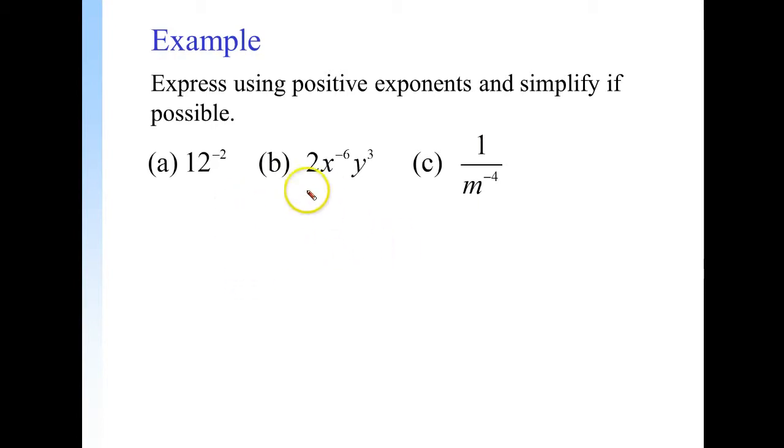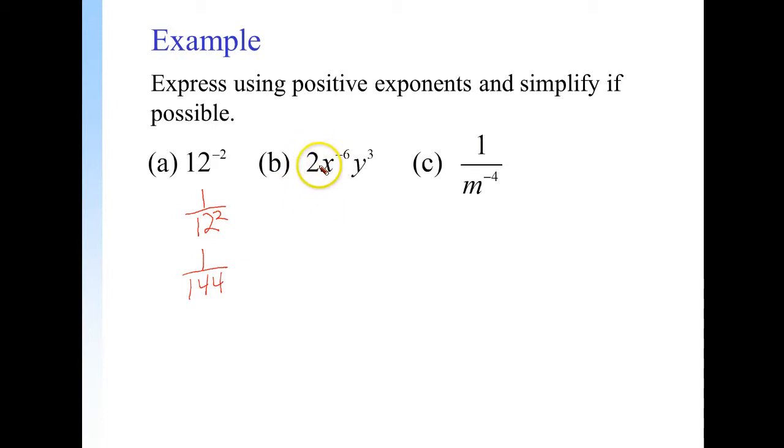There we go. This is going to become 1 in the numerator, and then 12, bringing the negative 2 across the division bar, and it becomes that. And 12 squared now we know is 144.